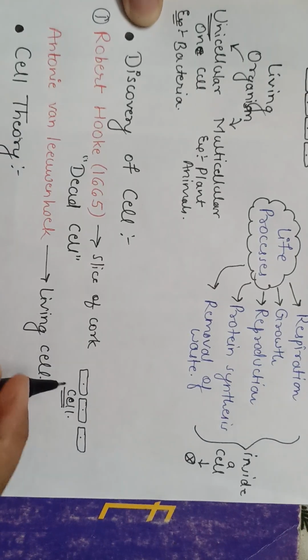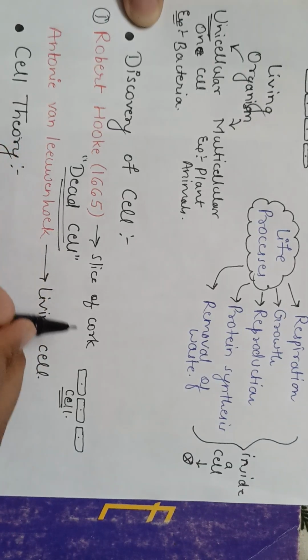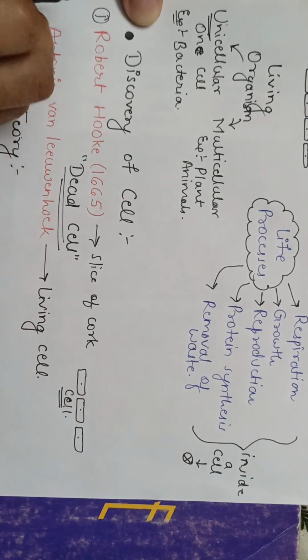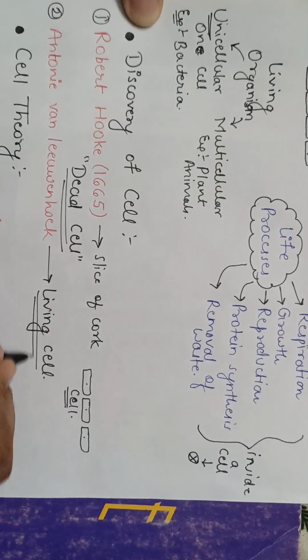Although these cells observed by Robert Hooke were dead cells. Another scientist, Antony van Leeuwenhoek, was the one who first discovered living cells.